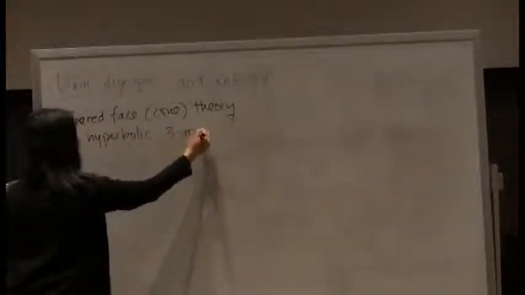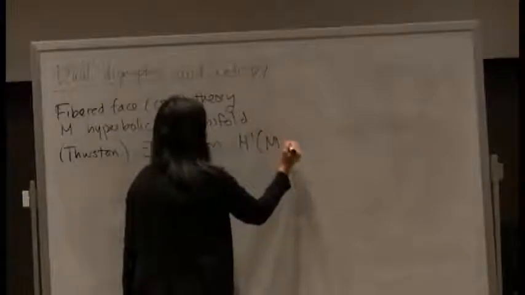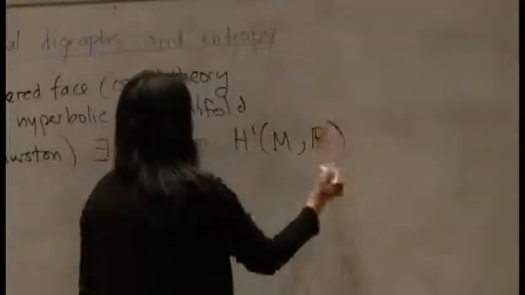Okay, so fibered face theory, or cone theory. Let M be a hyperbolic three-manifold. So we go up one dimension. Then Thurston defined a norm on the first cohomology of M with coefficients in R. So that's R to the first Betti number.